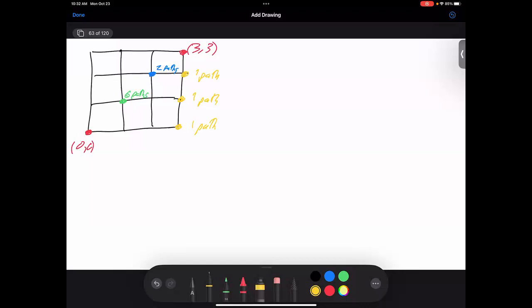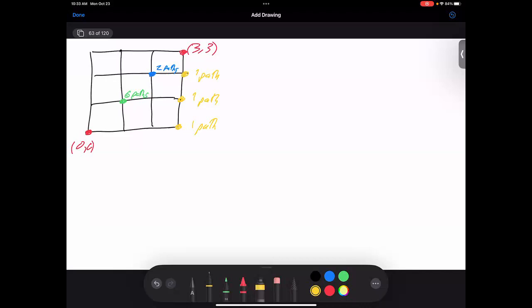So what I could do is I could try to look at, how long is it until I hit the main diagonal? Because once I hit the main diagonal, I know how many more paths it's going to be. Or I hit the right wall. Once I hit the right wall, I know there's only one way to go from that point onward.